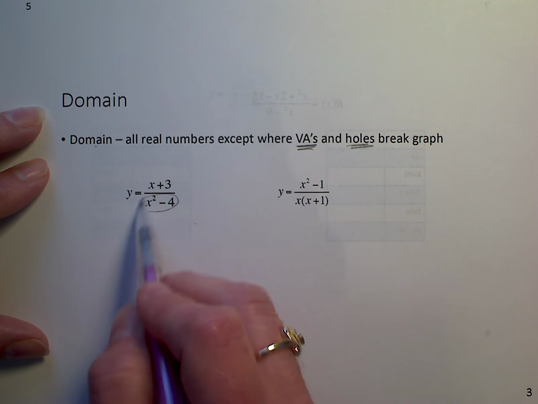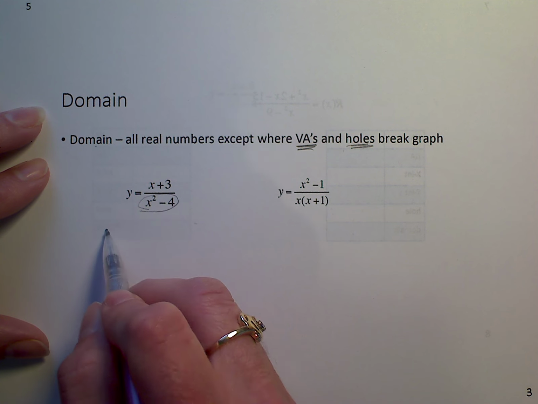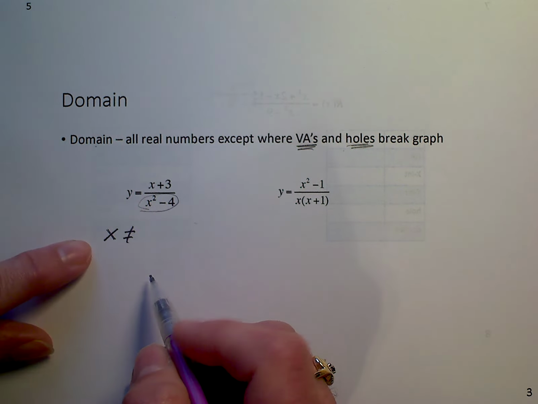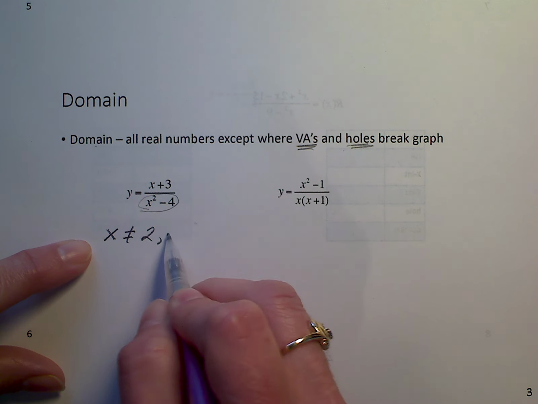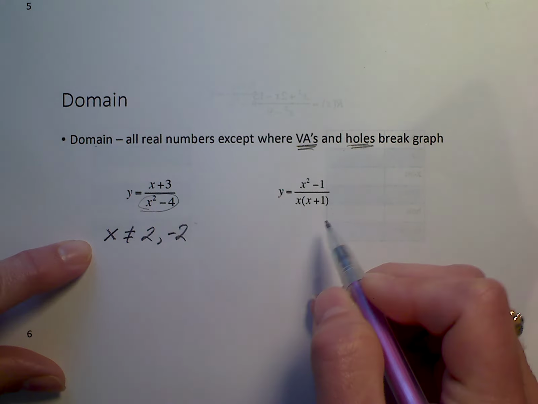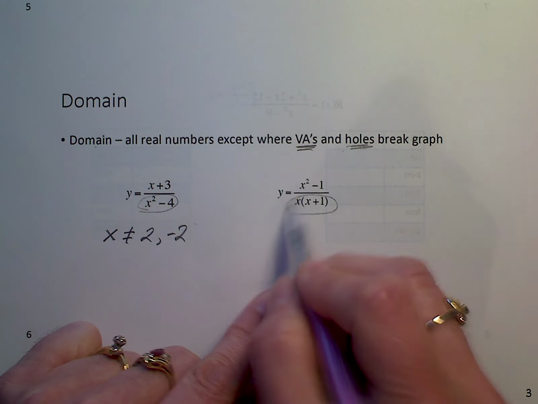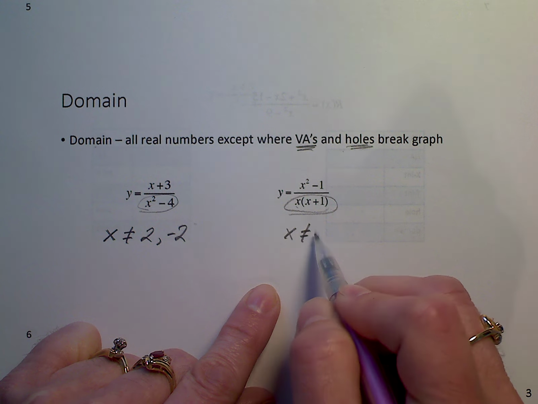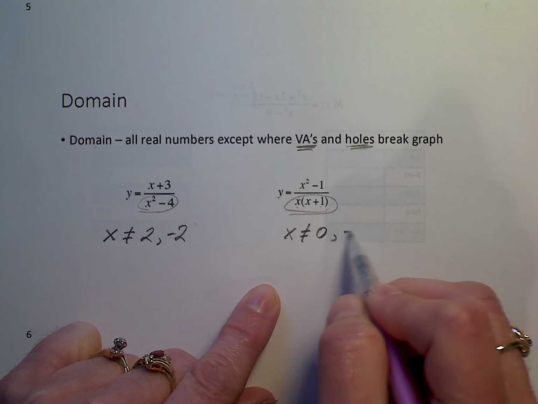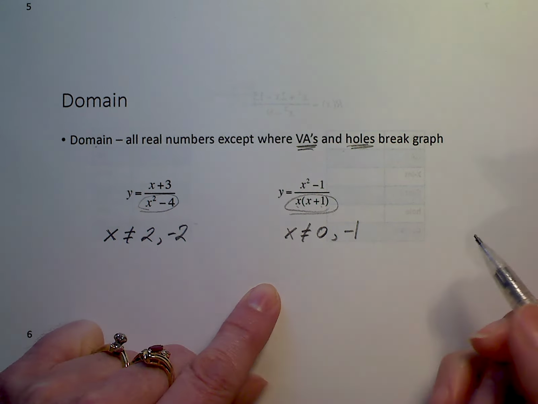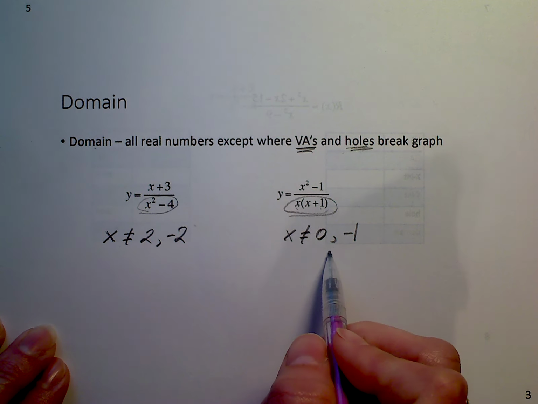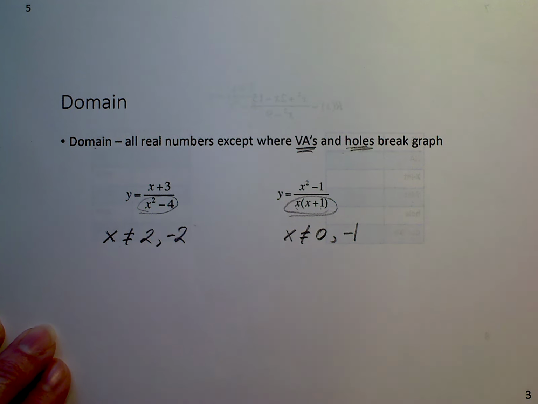We're going to look at the denominator and find out what makes it equal to 0. What numbers can x not equal? Well, 2 and negative 2. On this one, what numbers can x not equal? Well, 0 and negative 1. Okay? So your domain is all real numbers except those numbers that we found that would cause a problem.